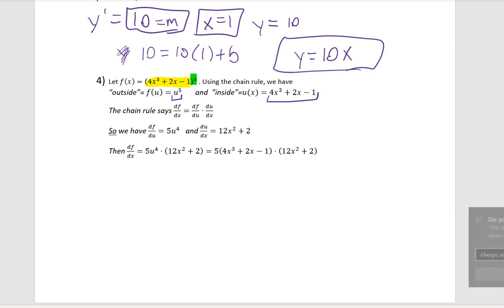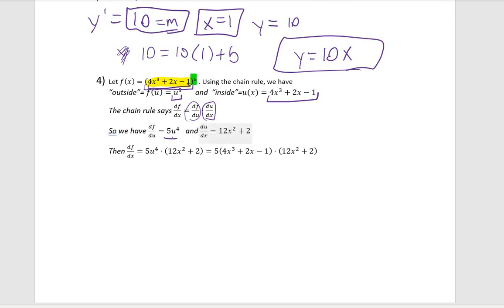Now what the chain rule says is that if you're finding the derivative of one function that's inside of another function, you find the derivative of the outside function times the derivative of the inside function. The derivative of something to the 5th power is 5 times that something to the 4th power.